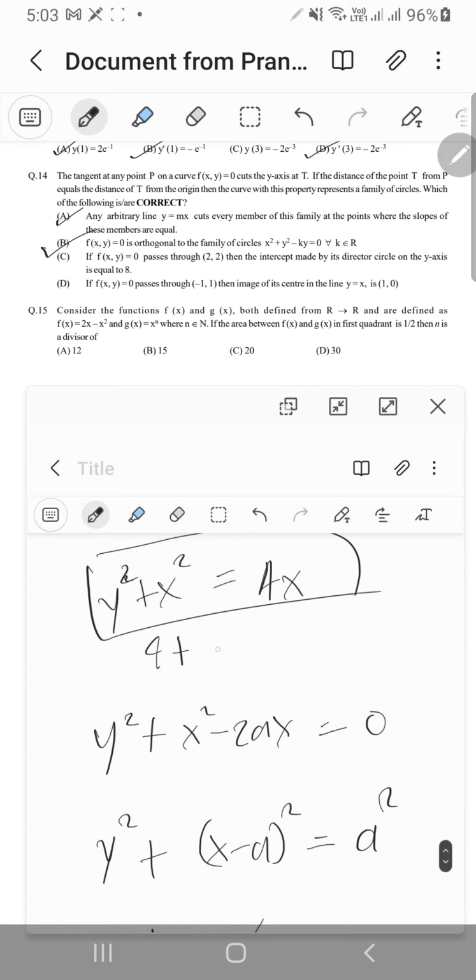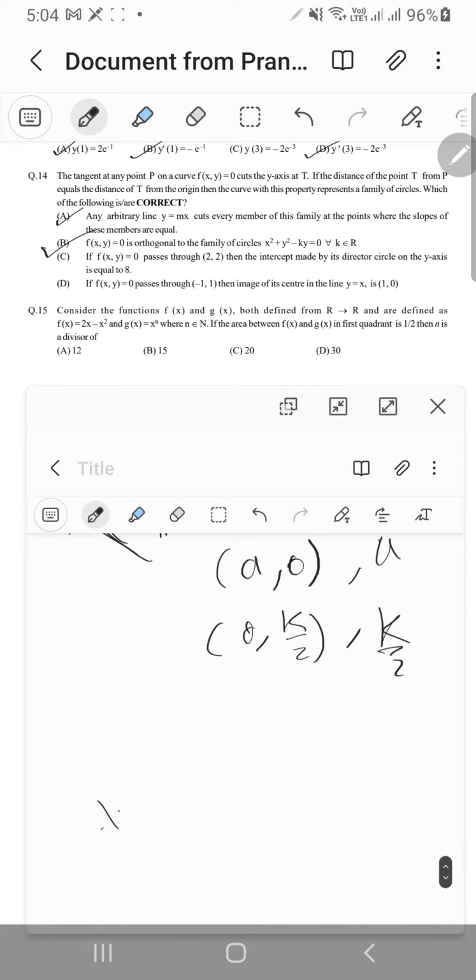So 4 plus 4 minus 4a equal to 0, so a equal to 2, so x squared plus y squared minus 4x equal to 0.